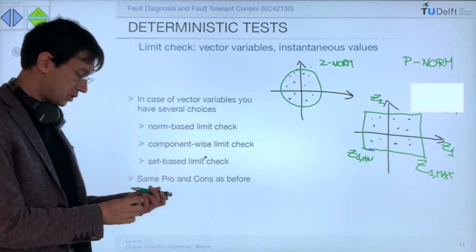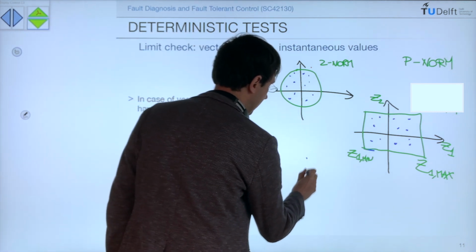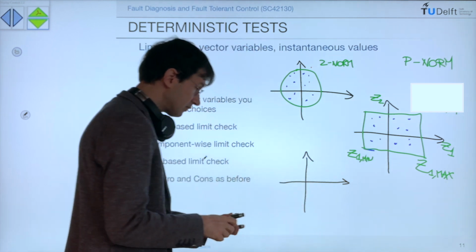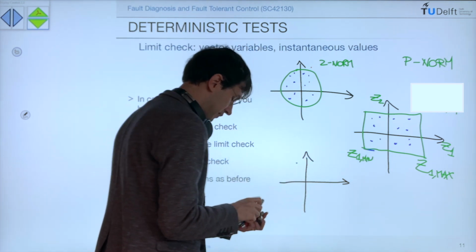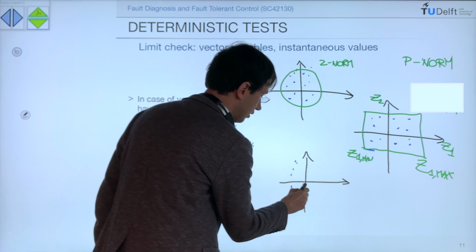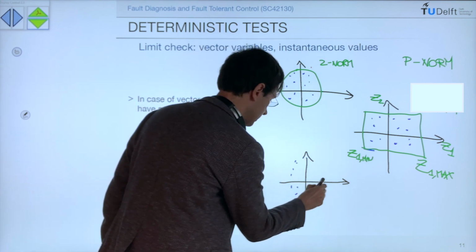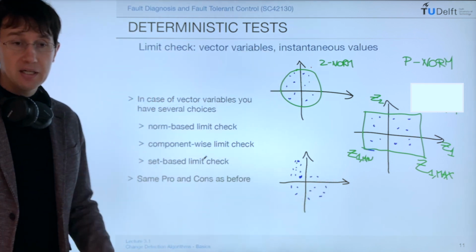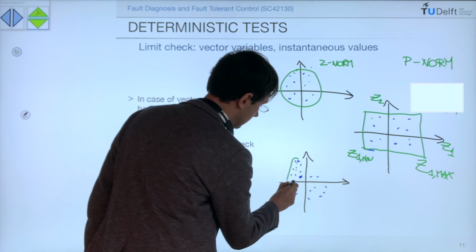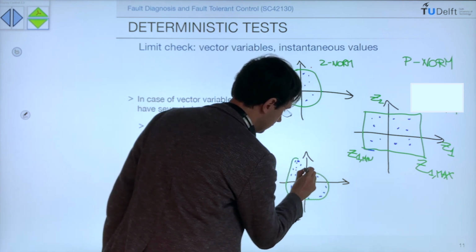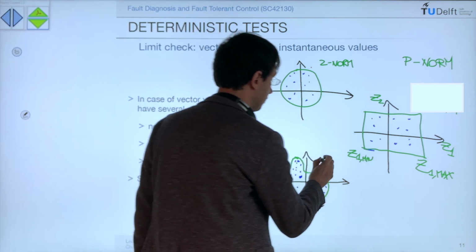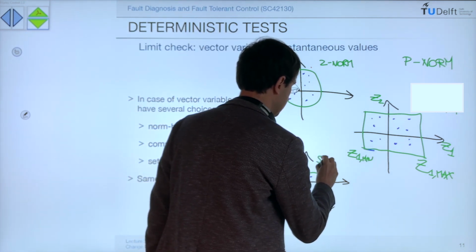In a set-based approach, you define the boundary the way you like. So it can be that normally you have these complex distributions of values for z. Then the best thing is to define a boundary like this, with a shape that is completely arbitrary. So this approach is called set-based.